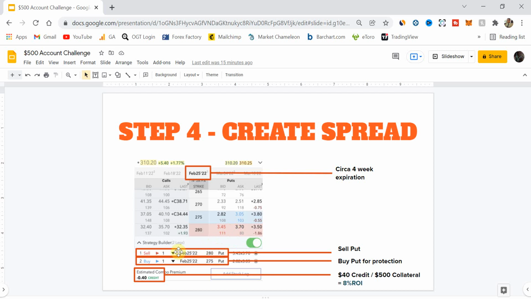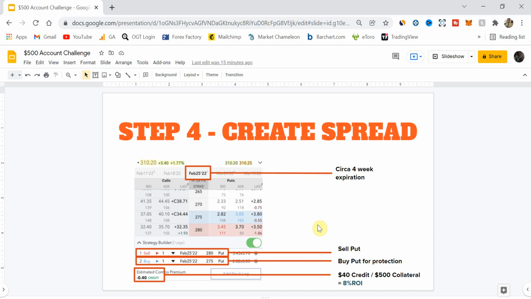Because what you're saying here is that I'm willing to buy 100 shares of Microsoft at $280 per share. Now that actually equals $28,000, and you will receive a credit of between 345 and 370 to place that trade.